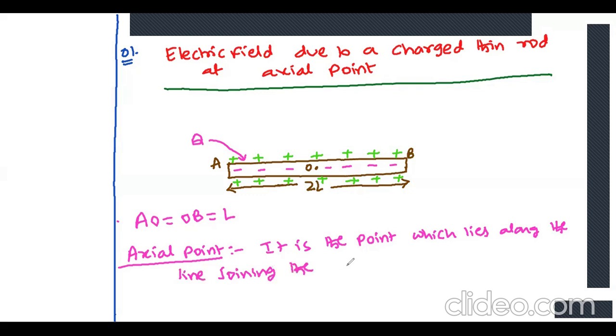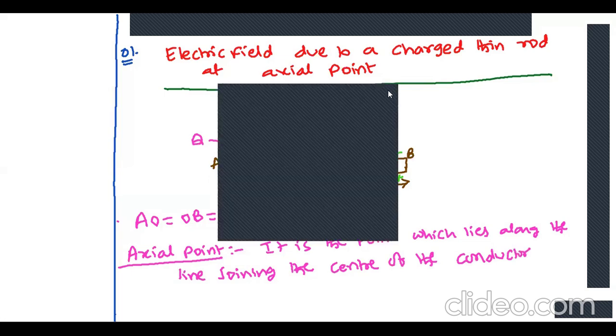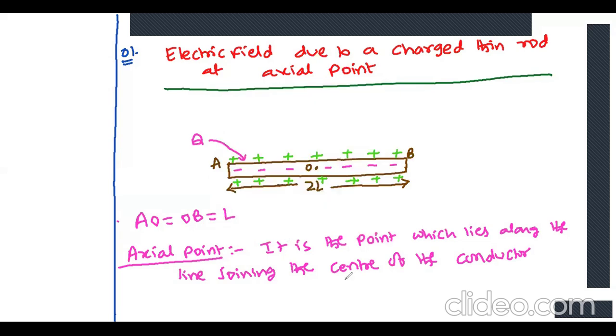So, along the line joining the center of the conductor means here I am touching, from the center of the conductor at a distance x.